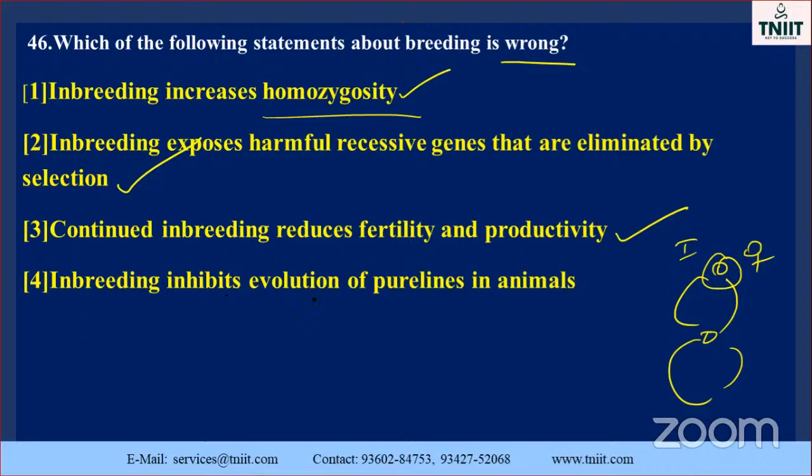Last one: inbreeding inhibits evolution of pure line animals. Evolution means crossing is needed. Pure line animals, it is not that. So this is the wrong answer, my dear. Inbreeding inhibits the evolution of pure line in animals, it is wrong.